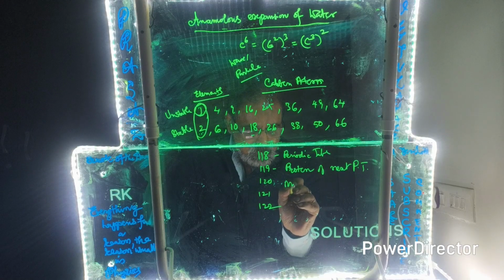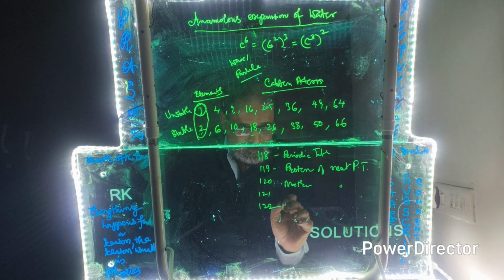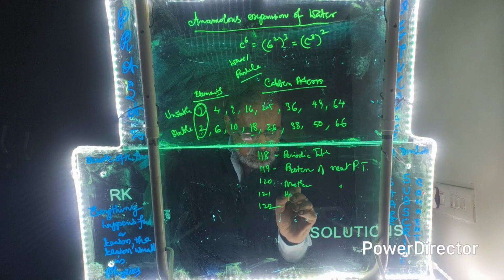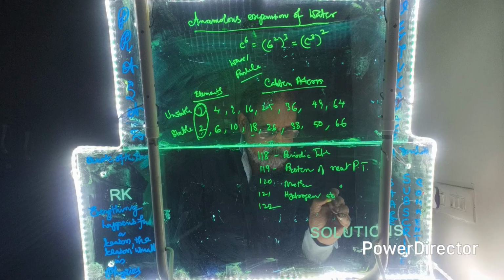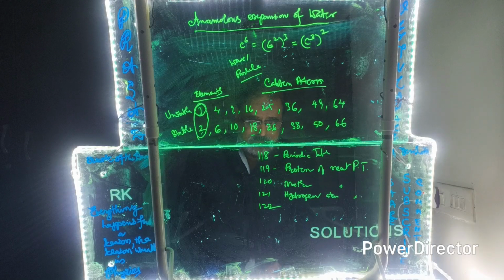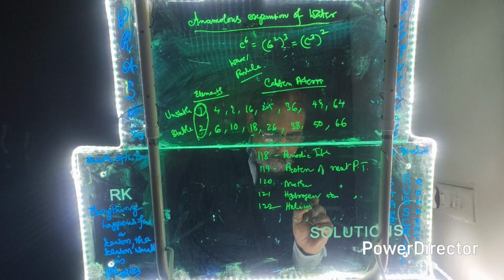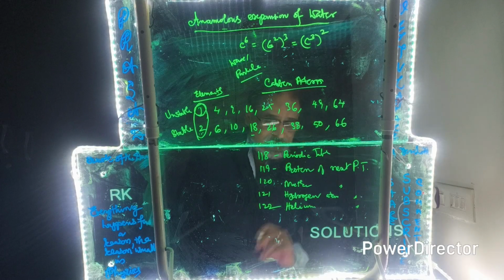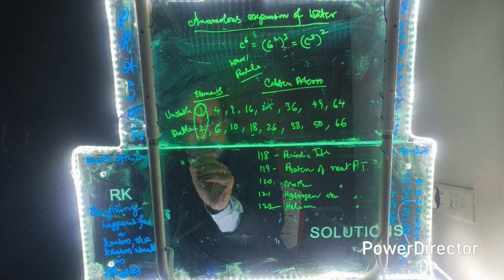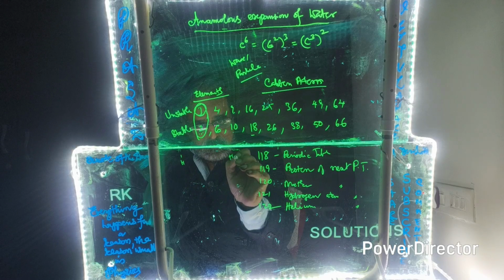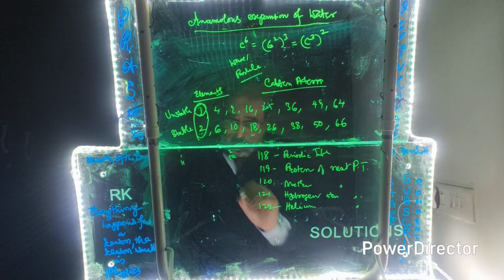This is the neutron of the next periodic table. This is the hydrogen atom of the next periodic table. This will be like helium of the next periodic table. So this hydrogen one becomes helium 2, to become stable.